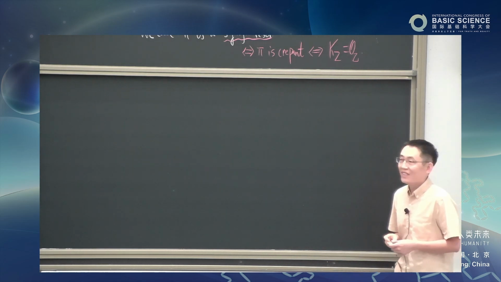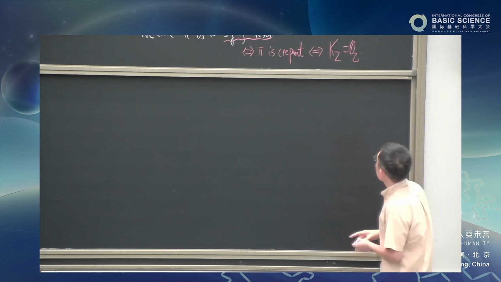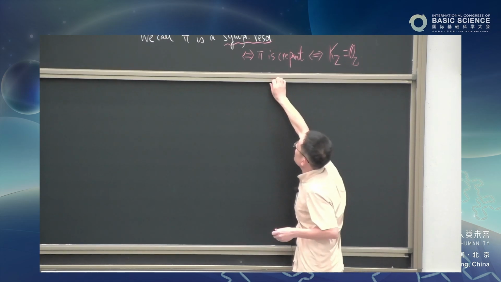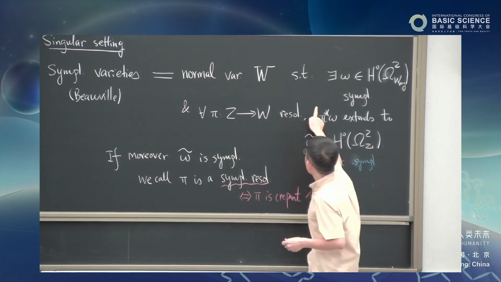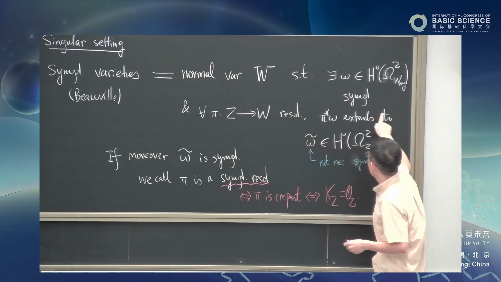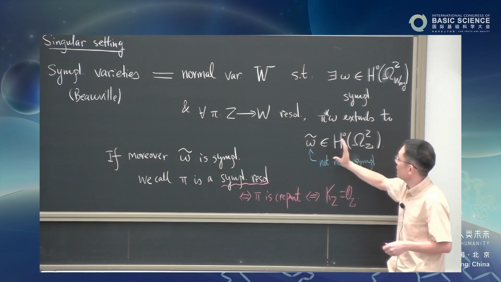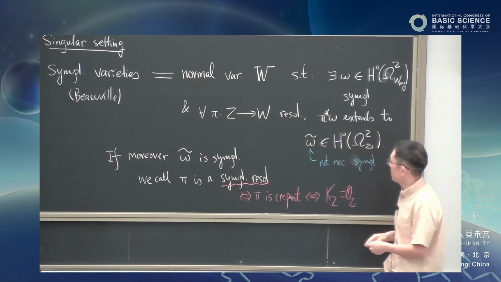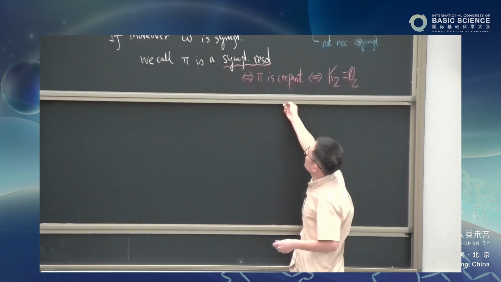Thank you. And also, I need to make one remark. The second condition is not so easy to check. For some explicit examples, you can really construct the resolution and check this condition. But in general, it's not so easy to check.